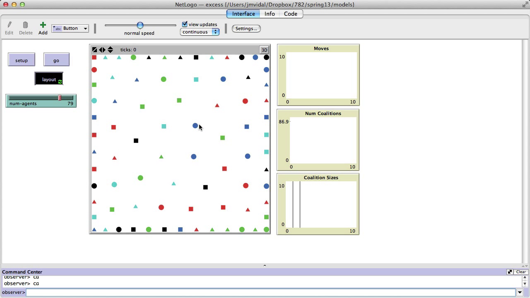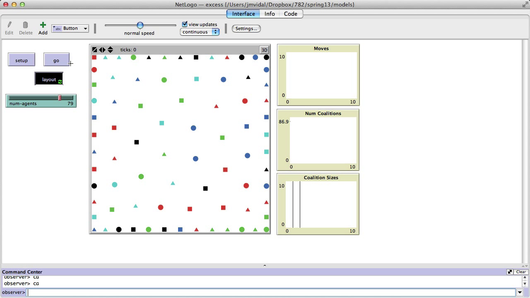So what we're going to do is show a coalition as a fully connected graph, right? If four nodes are in a coalition, they're going to be fully connected. They're going to have links between every pair of nodes in that coalition.